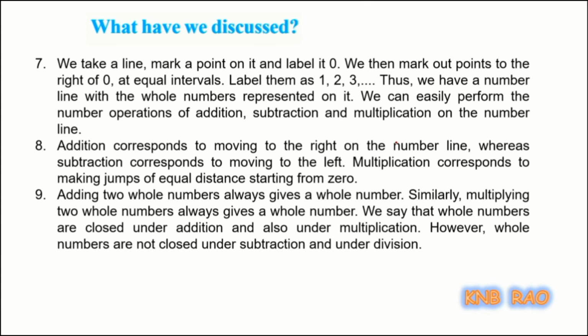Similarly, multiplying two whole numbers always gives a whole number. We say that whole numbers are closed under addition and also under multiplication. However, whole numbers are not closed under subtraction and under division. Then division by 0 is not defined.